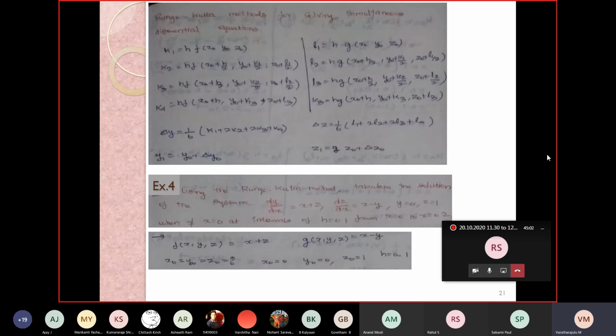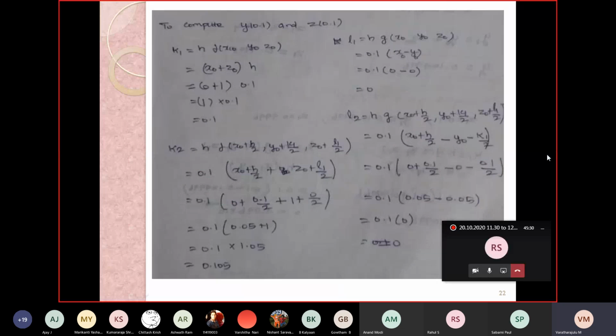The g doesn't have any specific abbreviation as such for the f function. Our x naught, y naught and z naught are given as 0, 0, 1, and with interval 0.1 we are going to find the values of the other two at x equal to 0.1 and at x equal to 0.2.